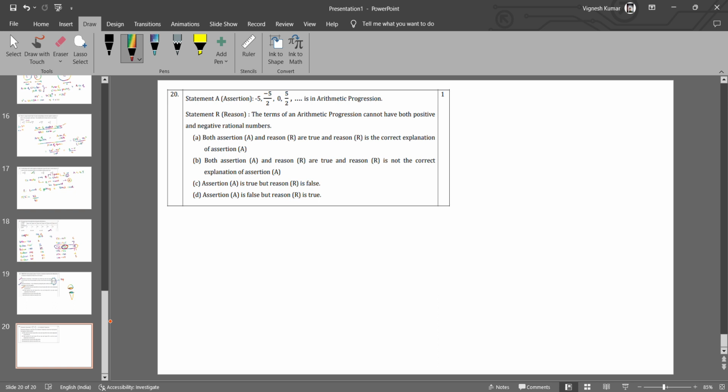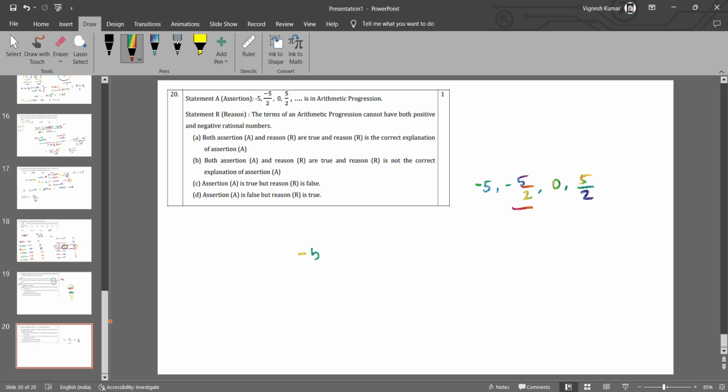The final question of this video, the statement A they have given: minus 5 by 2, 0, 5 by 2 is in arithmetic progression. So to check whether a given series is in arithmetic progression or not, what do we do? We take every second term of the AP, subtract its preceding term, and find whether the common difference found in all the different cases is the same or not.